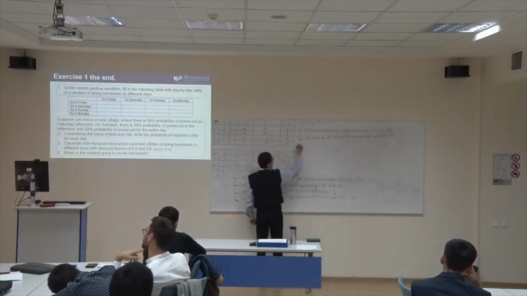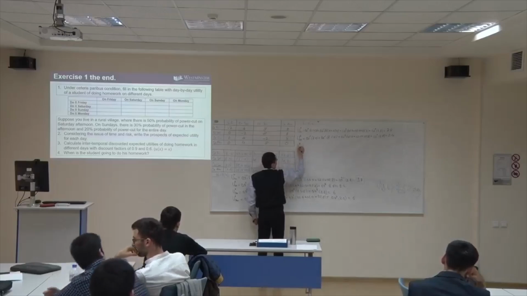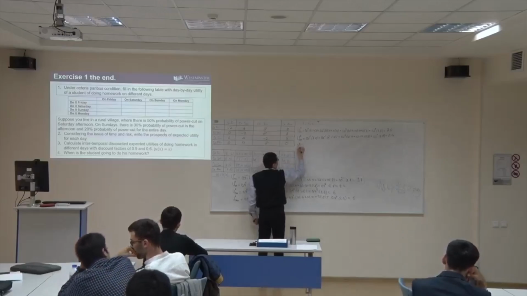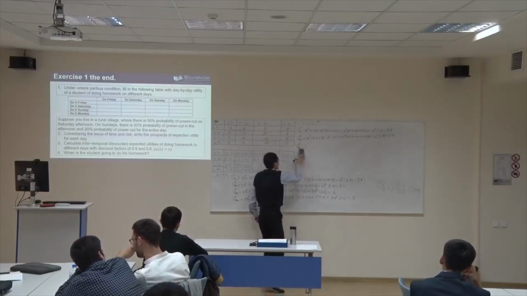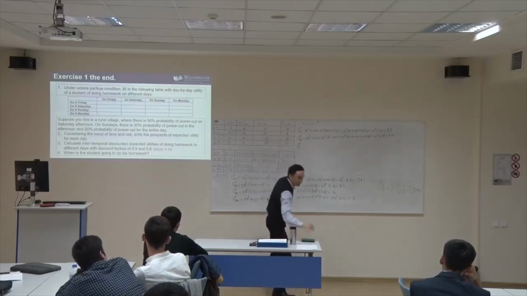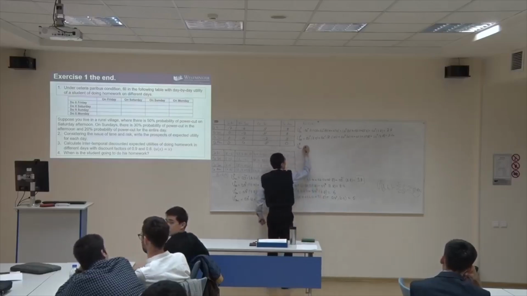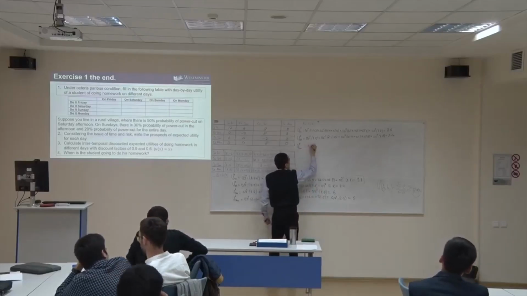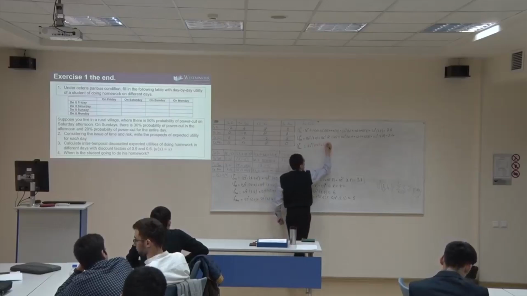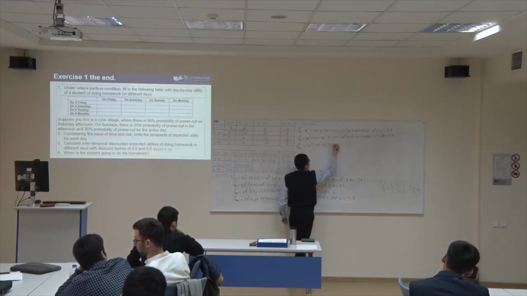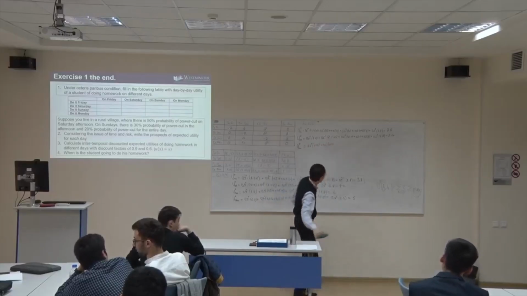Next one, expected utility for those 4 days if the decision is to do his homework on Sunday. Equal 0.6 in the power of 0 times 100% probability of 0, plus 0.6 in the power of 1 times 50% probability of 4, right?